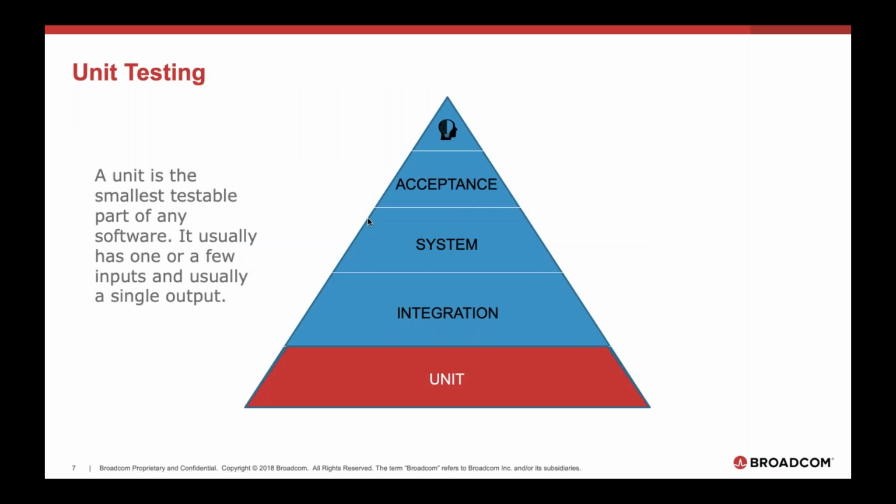Okay, so let's actually start walking through the pyramid bottom up. What is unit testing? Unit testing is testing the smallest testable portion of any software. Generally, when you're doing unit testing, you only have one or maybe a couple of inputs, and most likely just one output that's expected out of that call.